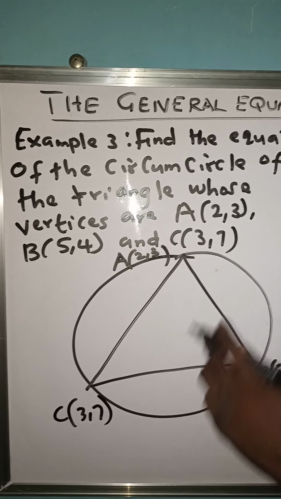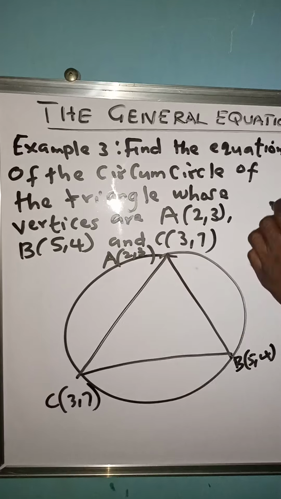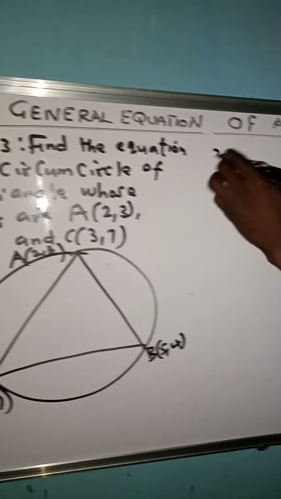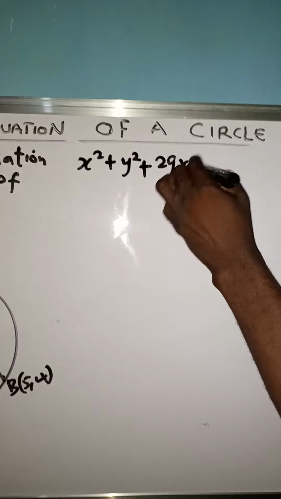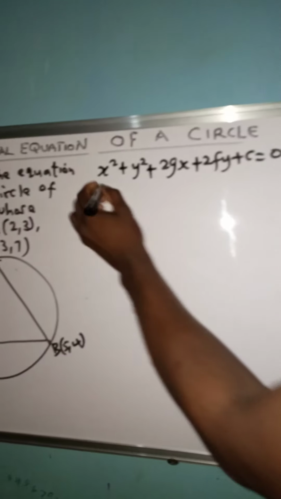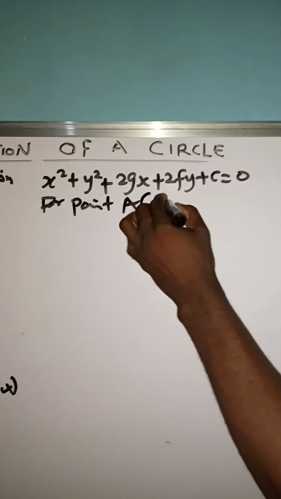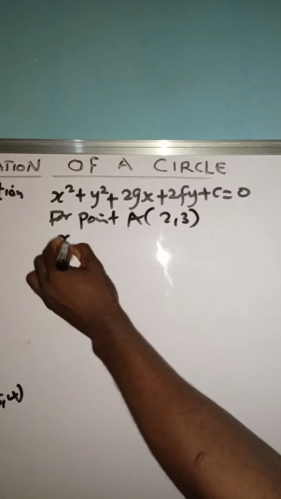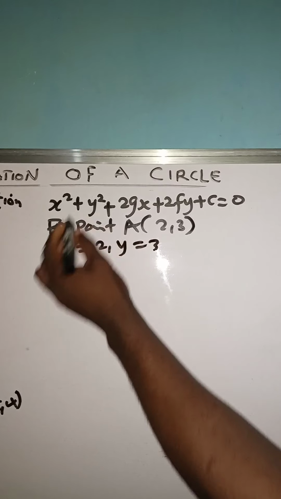Now to get the equation of this circle, we'll write the general equation of the circle: x squared plus y squared plus 2gx plus 2fy plus c equals 0. For point A, that is (2, 3), it implies that x is 2 and y is 3. Substitute into the general equation.